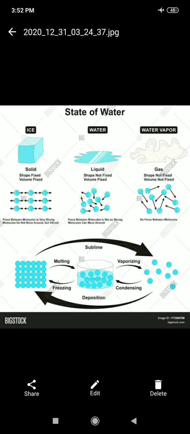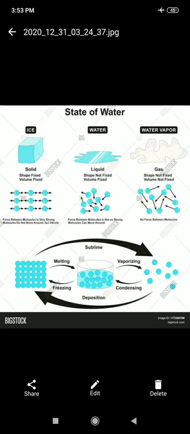They change directly into vapors. They are solid but they change directly into vapors. This process is called sublimation. What is sublimation, students? When a solid directly changes into gaseous form, not going through liquid form. Examples are Odonil or naphthalene balls.